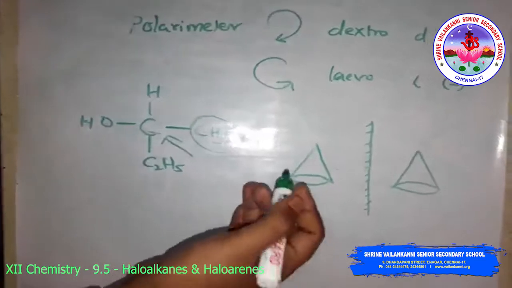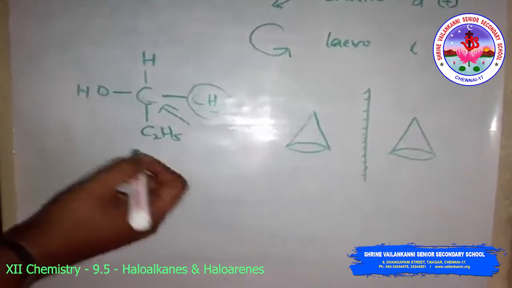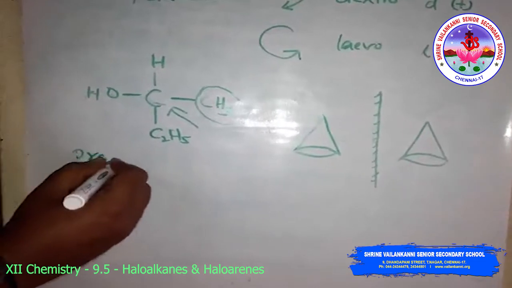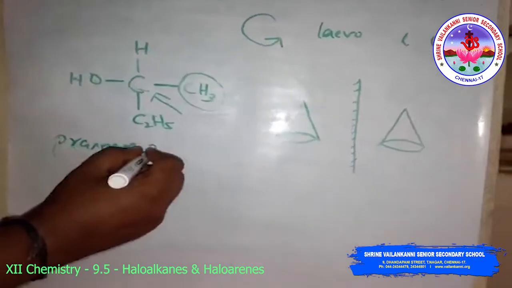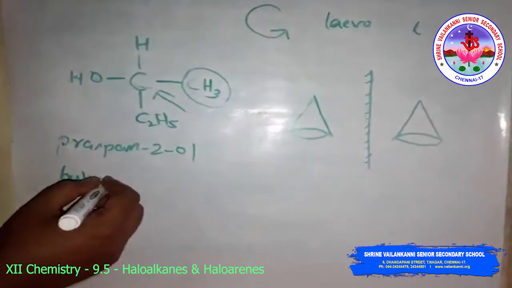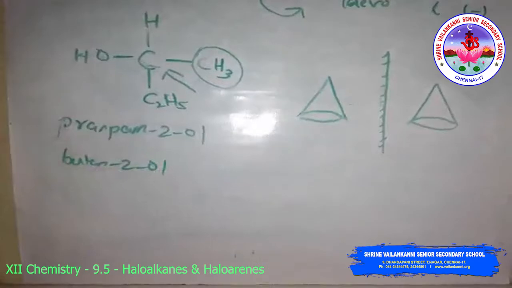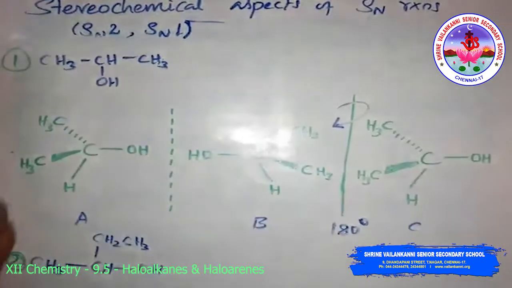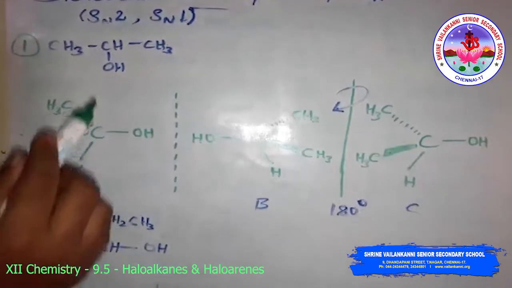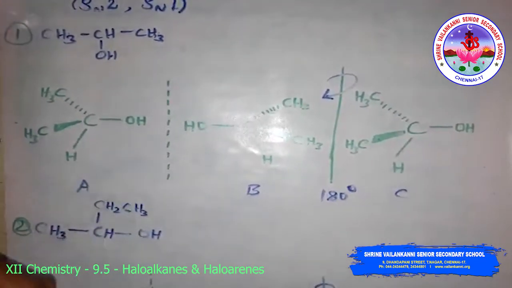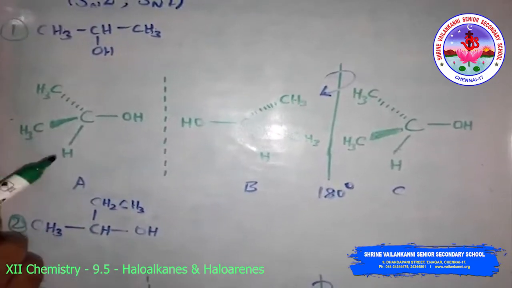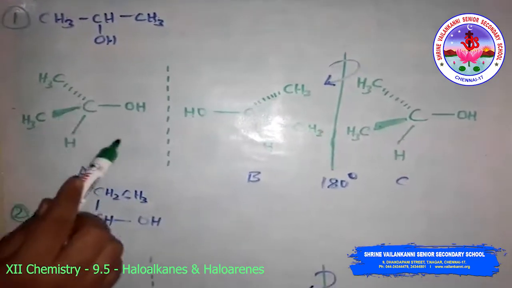Take the example of propan-2-ol and butan-2-ol. Of these two compounds, one is chiral and the other is achiral. First, we will see the achiral molecule. This is the mirror.